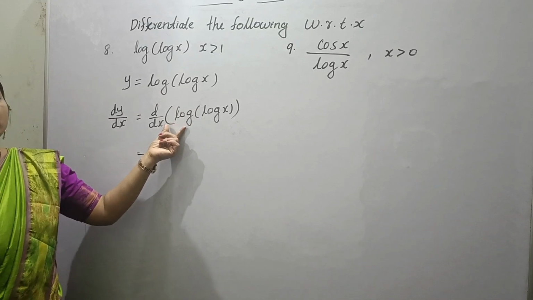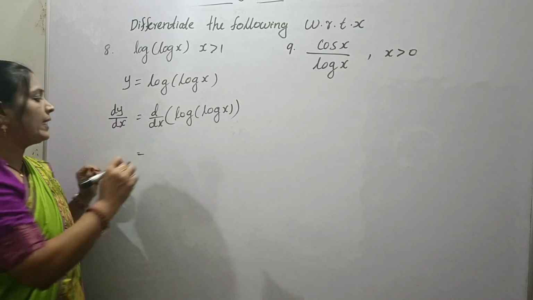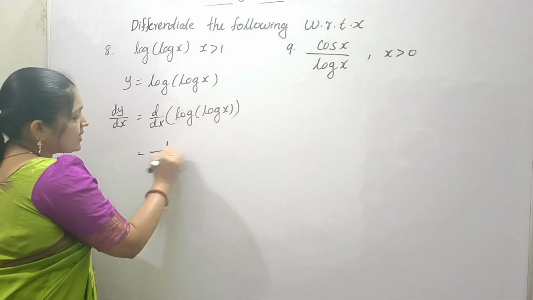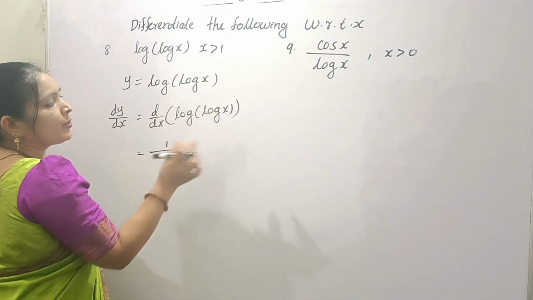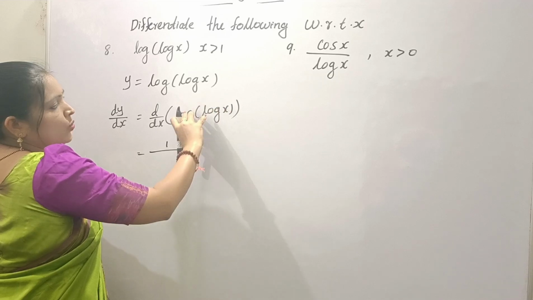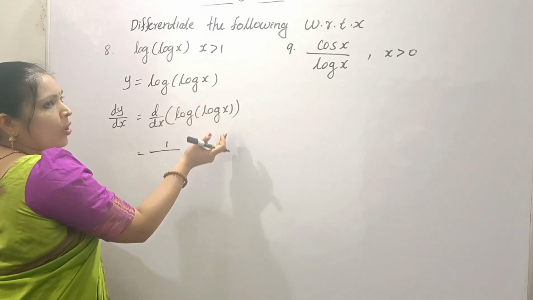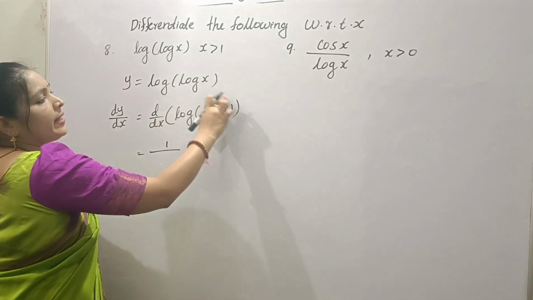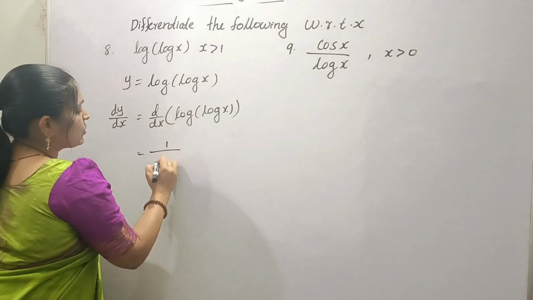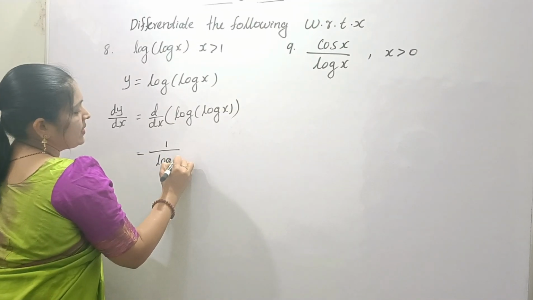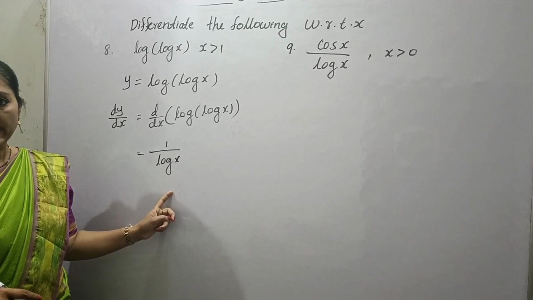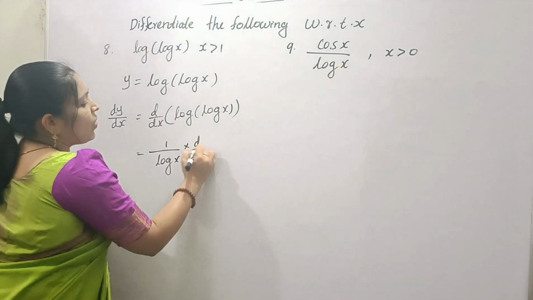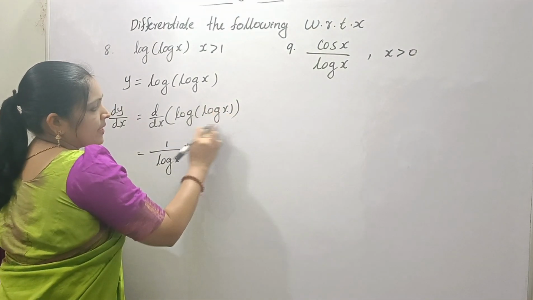Derivative of log x is 1 by x, but here it is log x, therefore you just take it as x. So derivative of log of log x is 1 by log x into derivative of log x, this inside.